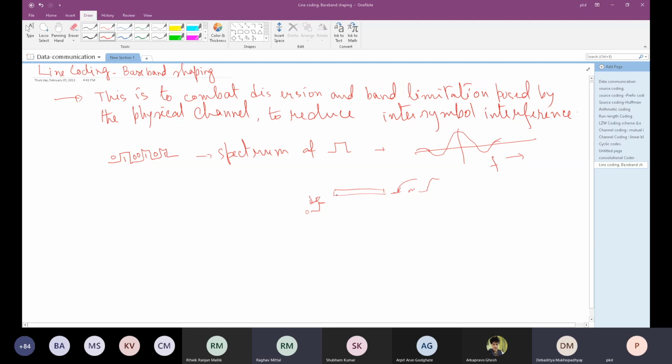This is due to several factors. One of them is dispersion, which may occur due to several aspects of the physical channel. For an electrical channel, there is resistance, capacitance, and inductance, which will act as a low pass filter. For an optical channel, the optical fiber carries light in a zigzag path, and some part of the beam will go one way, some part another.